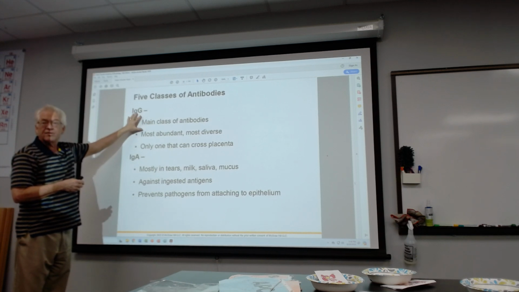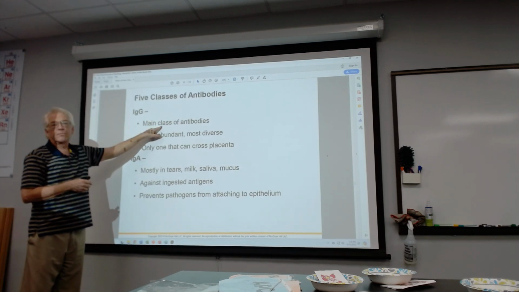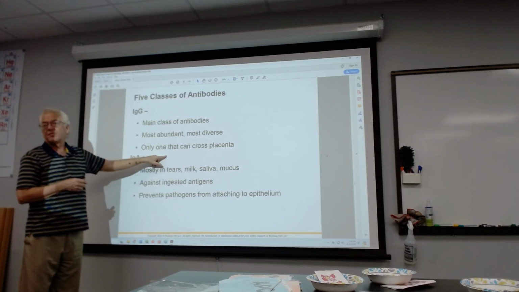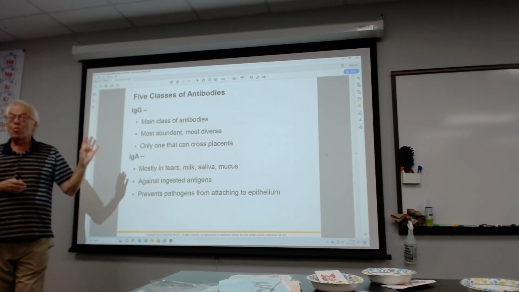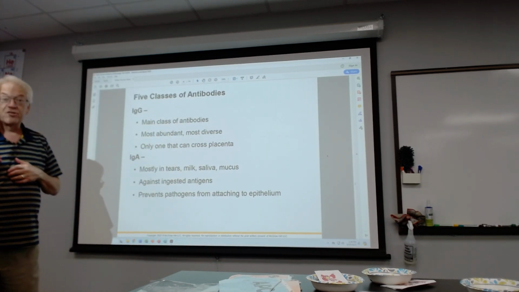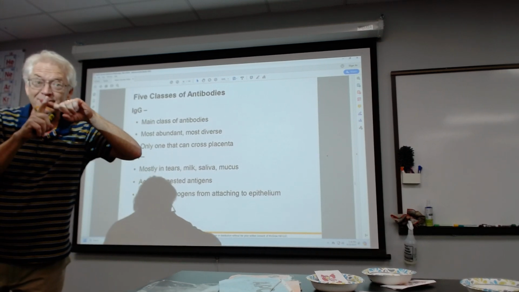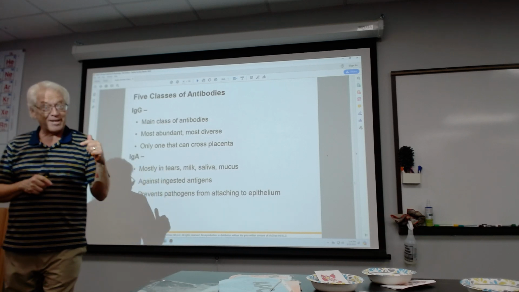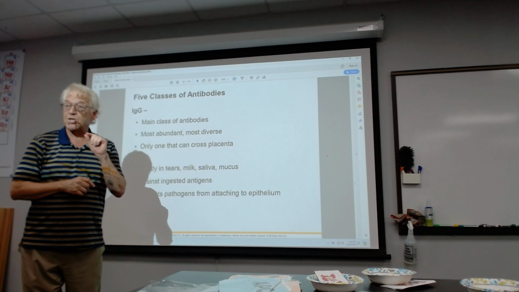Just a couple of facts about each kind, okay? For example, IgG is the main class, and it's the only one that can cross the placenta. So, this is the one that mom would send across the placenta to kill the baby if the baby was Rh positive and mom was Rh negative, which is why we have to give mom a RhoGAM shot.